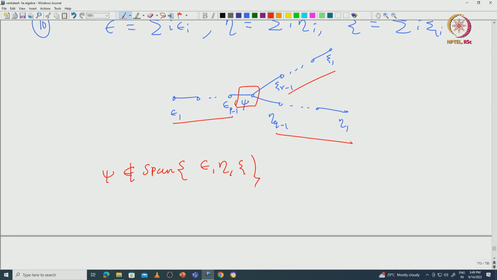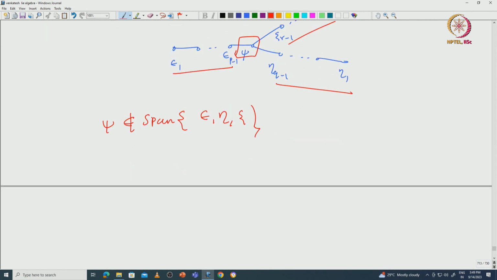So, now you can use the earlier arguments. For example, you can consider the span of these four vectors. So, this is going to be a 4-dimensional space, and since this is an orthonormal subset, you can extend it to an orthonormal basis.